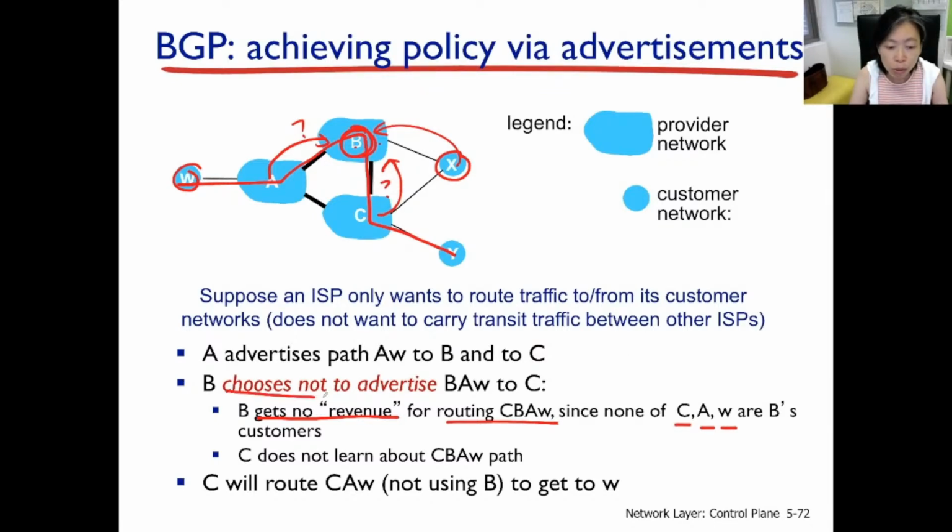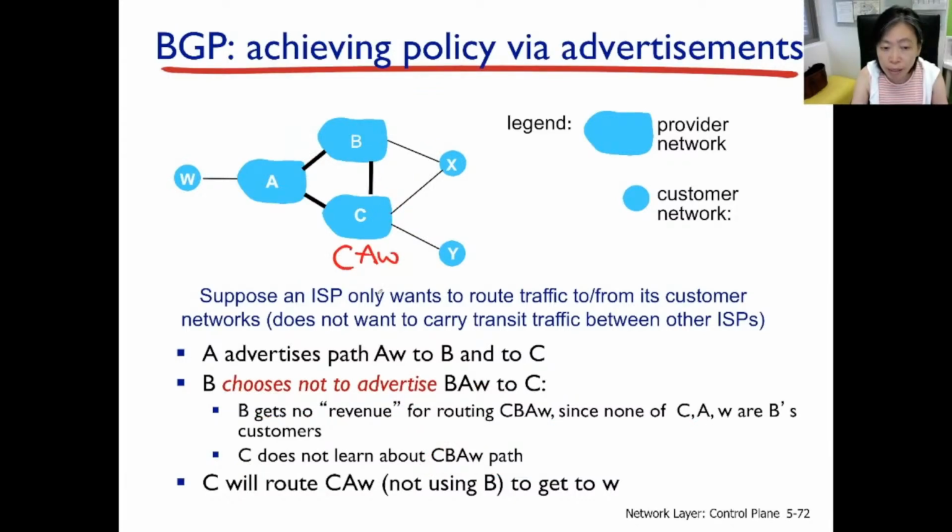So B chooses not to advertise BAW to C so that C does not discover this path, and therefore does not use this path to send traffic. Instead, C receiving AW is going to prepend itself, CAW, and Y is going to use CAW as a way to send traffic to the user in W. So you see, in this scenario, it's very obvious.